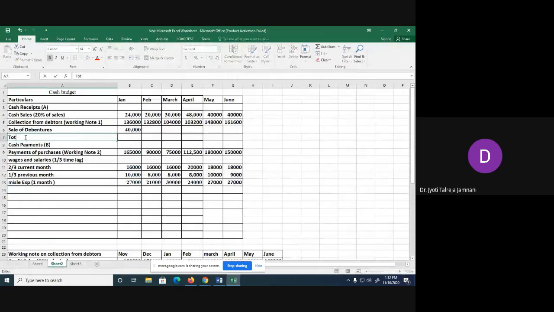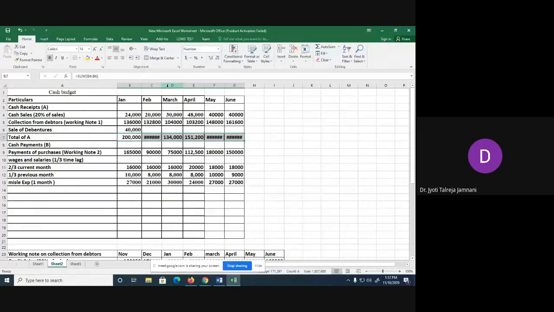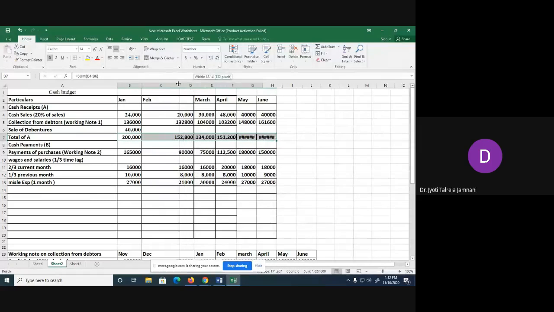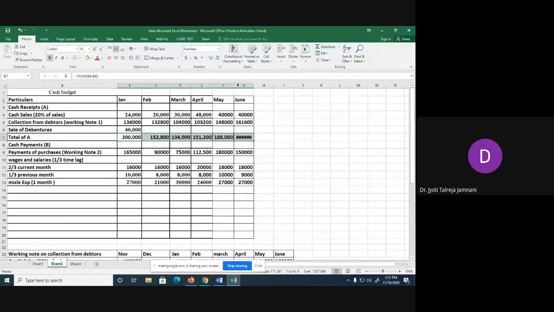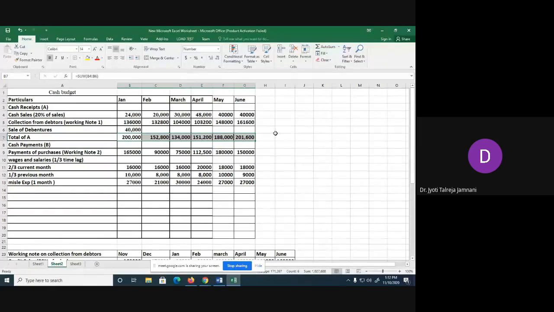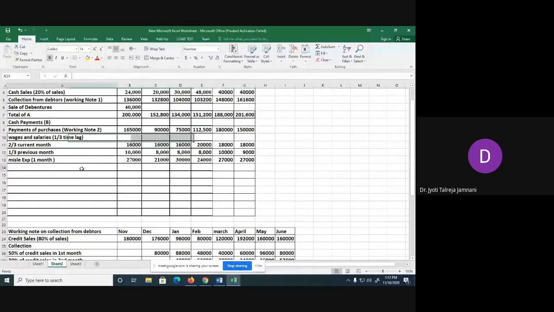So first we'll find the total of A, that is nothing but total of receipts. Okay, so now we'll find here total of B. B starts from here and all these columns.